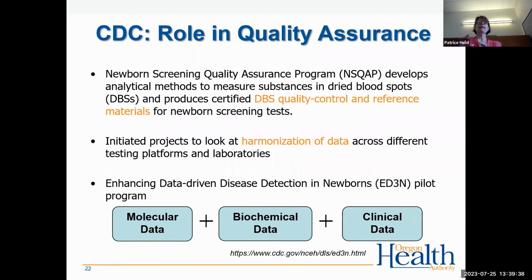The idea of this pilot program is to combine the biochemical phenotype that we're measuring, the biochemical analytes that we're measuring, that data with the molecular data, the actual genetic variants that are present in the gene, and combining the biochemical and molecular data with the clinical data, the severity of the patient presentation. And I can imagine how powerful those three pieces together would be to really understanding the disease that we're screening for and the severity and the need for treatments.